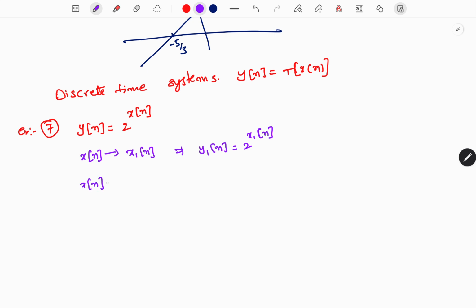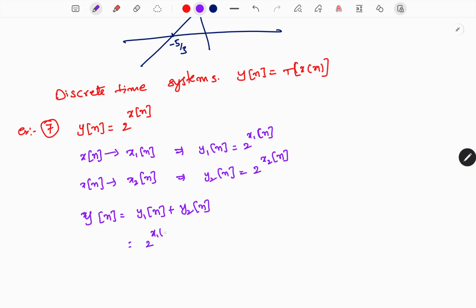Similarly, x of n is replaced with x2 of n, then y2 of n becomes 2 to the power of x2 of n. Now y of n is the combination of y1 of n plus y2 of n, which is 2 to the power of x1 of n plus 2 to the power of x2 of n. Call this equation 1.